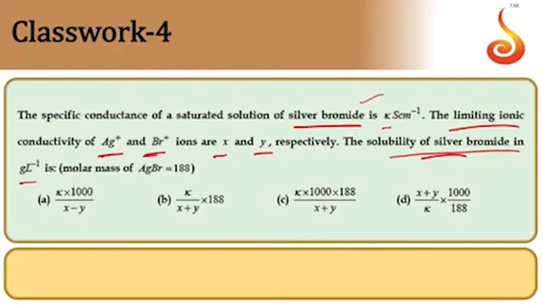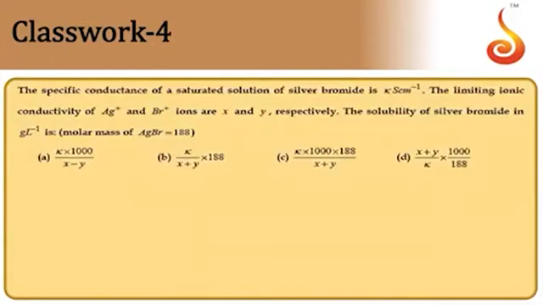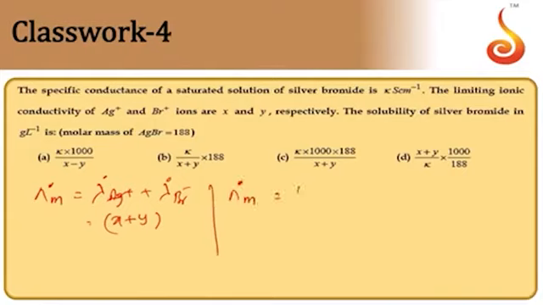Applying Kohlrausch law, we can say that the total conductance will be equal to the sum of the conductances of individual ions. That is, lambda naught molar of AgBr will be equal to lambda naught of Ag plus plus lambda naught of Br minus, and the values are given as X plus Y. Now, lambda naught molar is equal to kappa into 1000 by molarity.